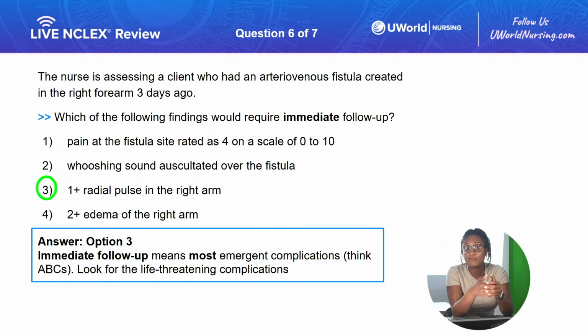Pain is one of our highest priorities. You always think of our ABCs first. So again, this would not be our priority patient for immediate follow-up. Option 2, whooshing sound auscultated over the fistula. This is something that we want to hear. You want to hear the whooshing sound, which is the bruit, and you want to feel the thrill of it, which is lightly tapping it, and you can feel the arterial blood and the venous blood mixing together.